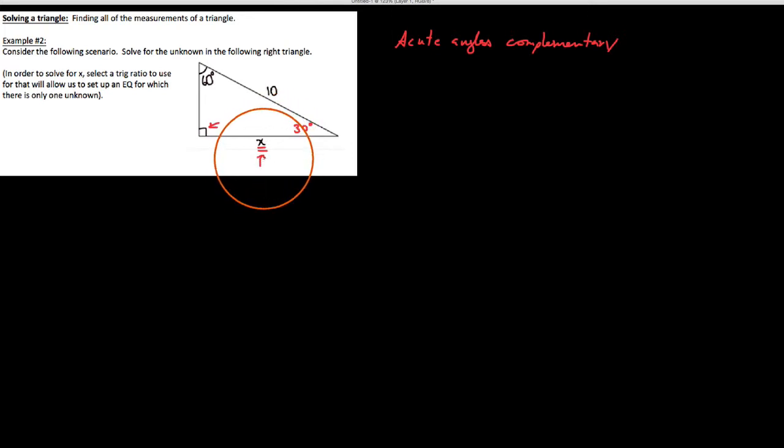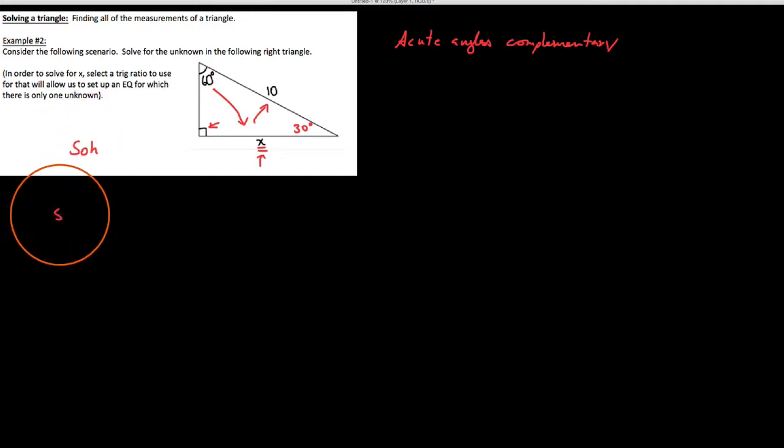Since I don't know x, I'm going to compare it to an angle and another side on this triangle that we do know, and we do know this 60 and we do know this 10. So my question is: with respect to this 60-degree angle, what trig function compares this side x to this side 10? Since the x lies across from the angle, it is opposite, and this is the hypotenuse, we say opposite over hypotenuse, so this is going to be our sine trig function.